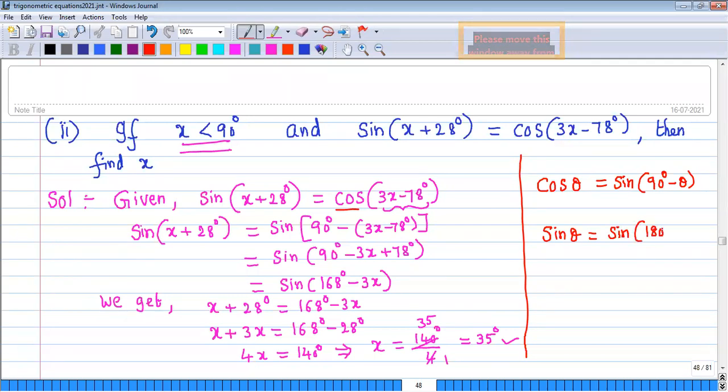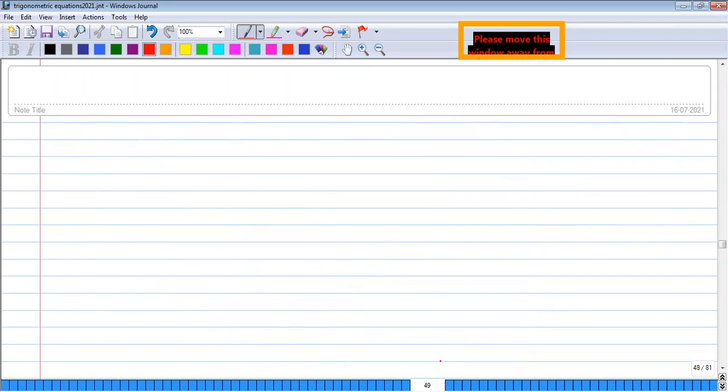Am I correct? Yes. So this sine of 168 minus 3x can be written as sine of 180 minus theta. Let us try whether we may get another solution or not. Otherwise you leave it, no problem. So let us try to explore some other value.